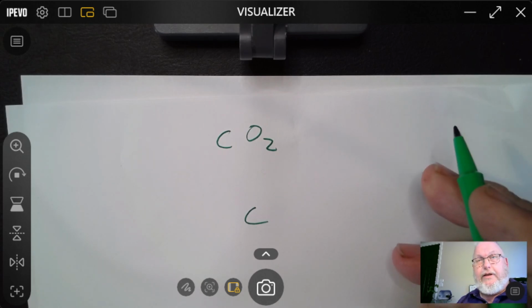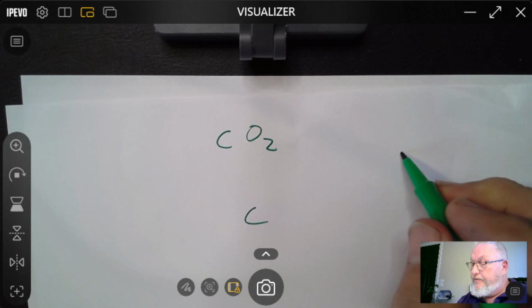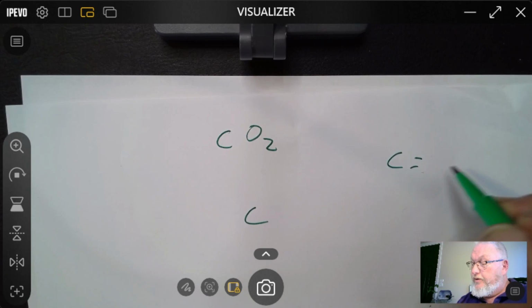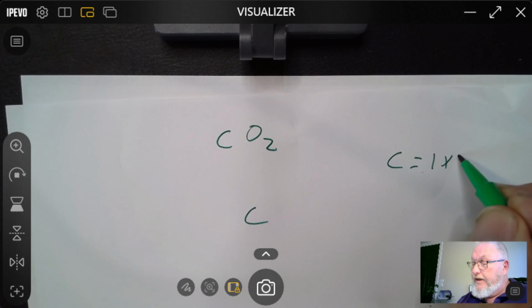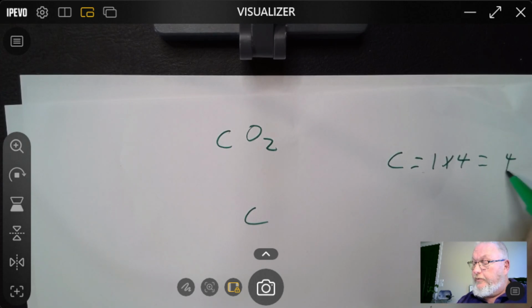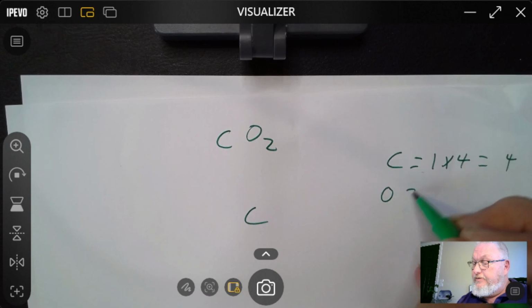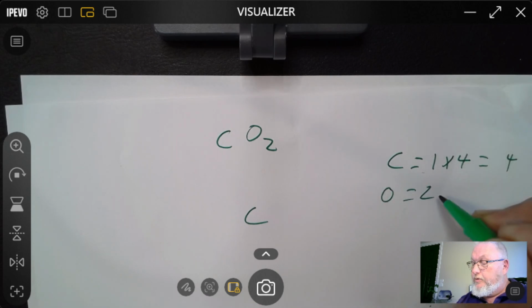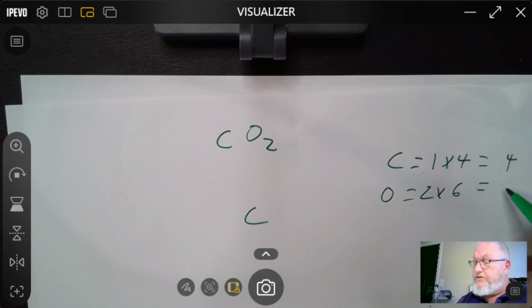Now let's see how many valence electrons we're dealing with. Carbon, there's one of those, and it has 4 valence electrons. Oxygen, there's 2 of those, and it's in group 16, so it has 6 valence electrons, or 12 total. So that means we've got to deal with 16 valence electrons.